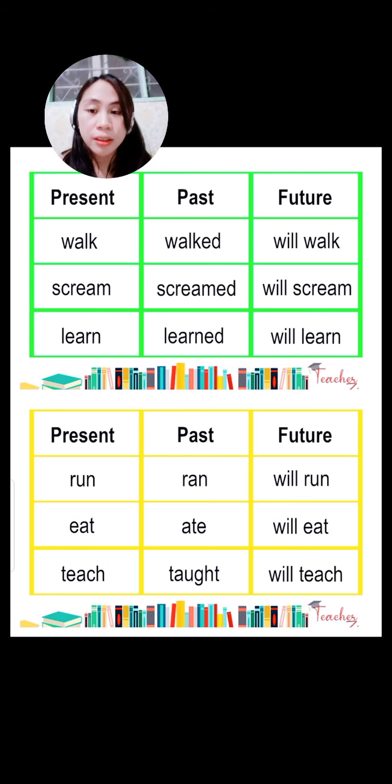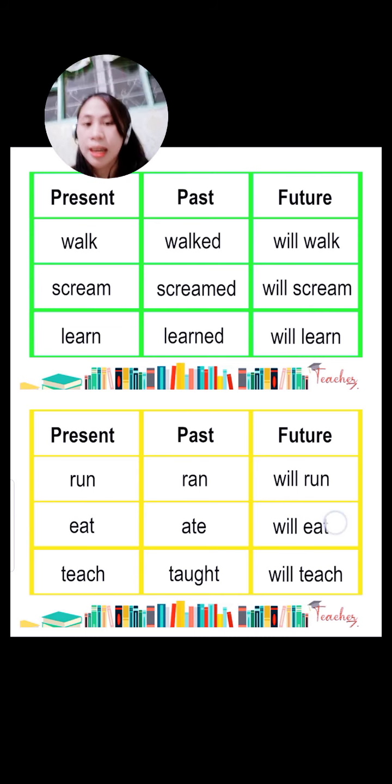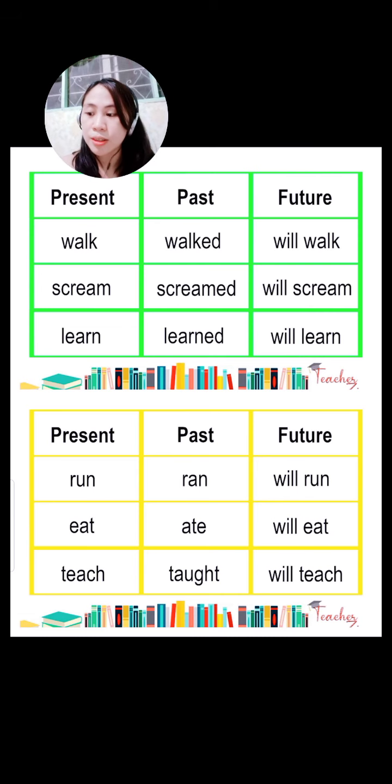So regular verbs are actually words that don't change the spelling. Perhaps you just have to add some letters at the end of that word for you to say that you're talking about something that happened in the past.